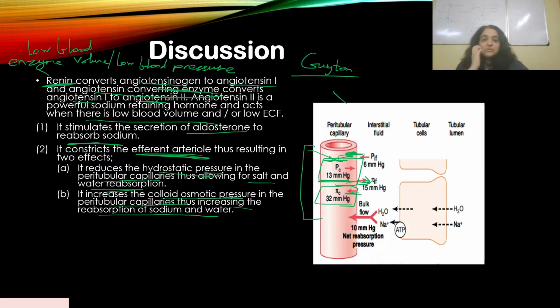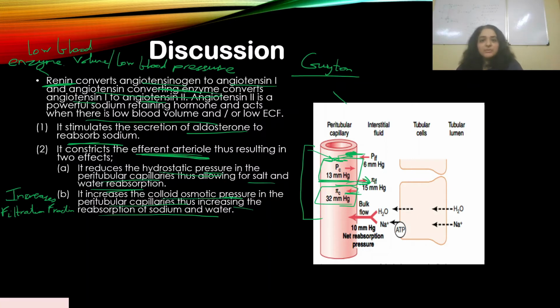Now, another way it does this is that it increases the filtration fraction. That is another effect of constriction of the efferent arteriole by angiotensin 2. It increases the filtration fraction, which means more plasma is filtered.